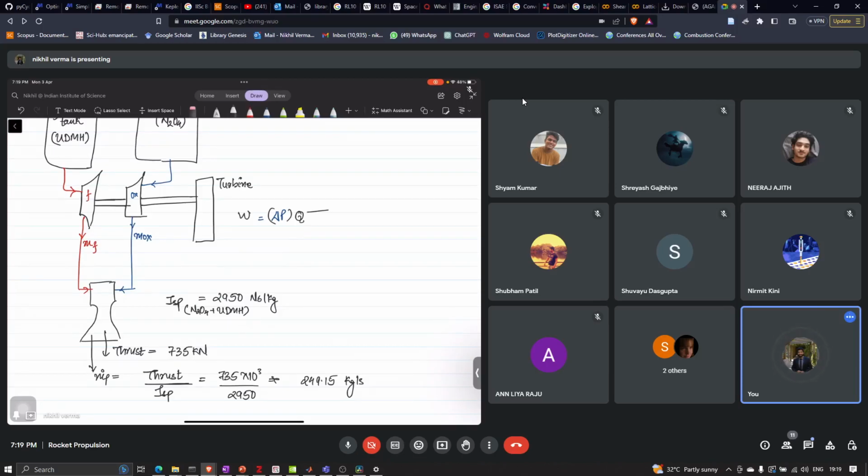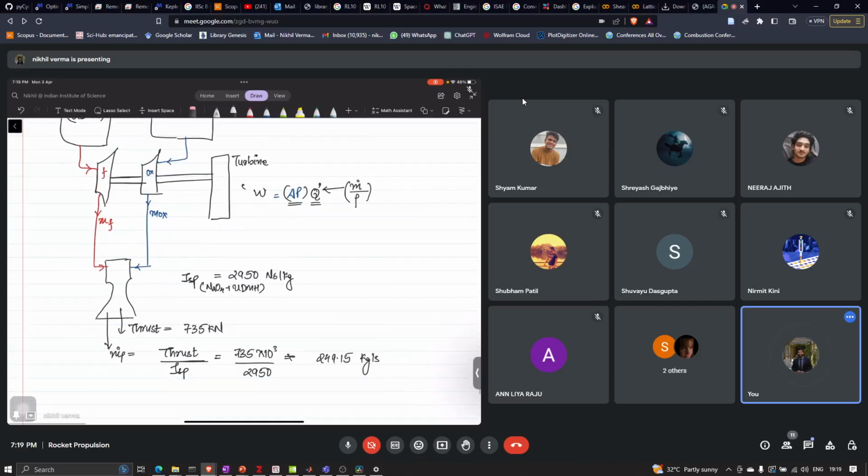For flow rate, we should know the mass flow rate of the individual propellants, and we can divide it by the density. We can get what is the flow rate. And we can just multiply by the pressure difference. We can calculate what is the work done by each pump.